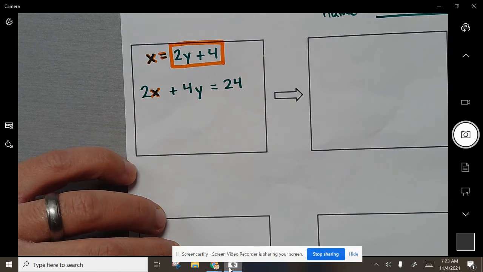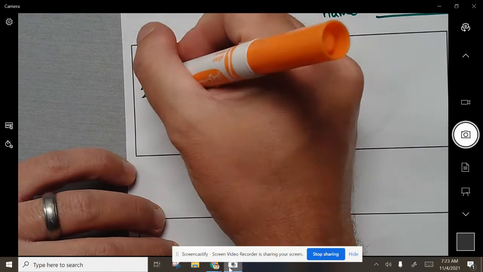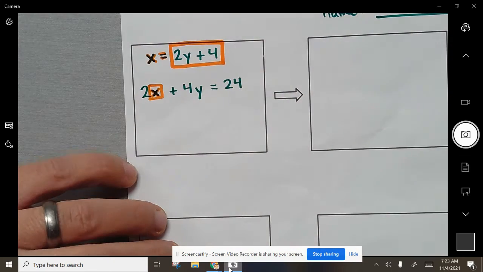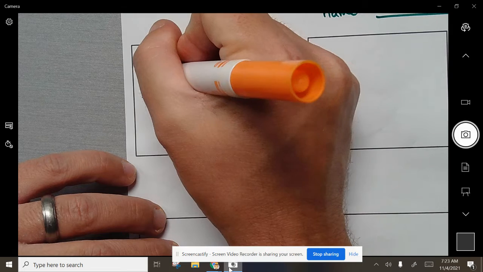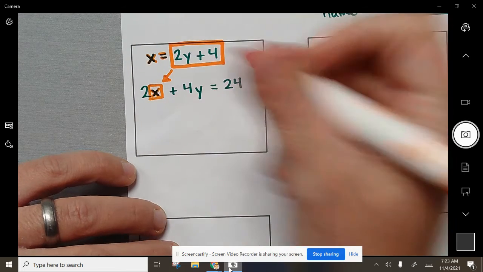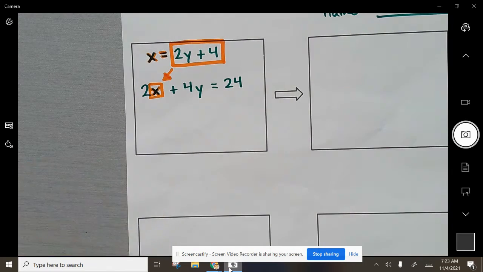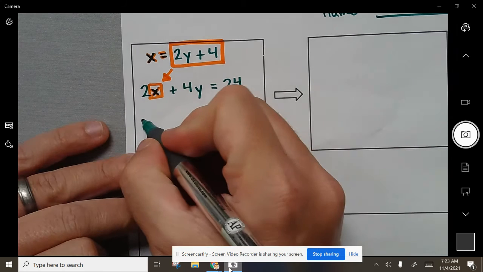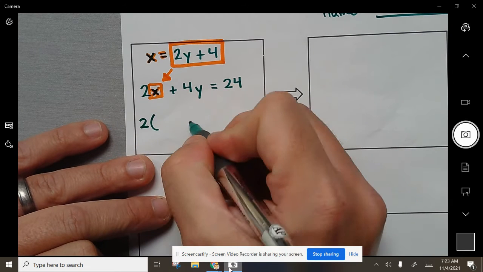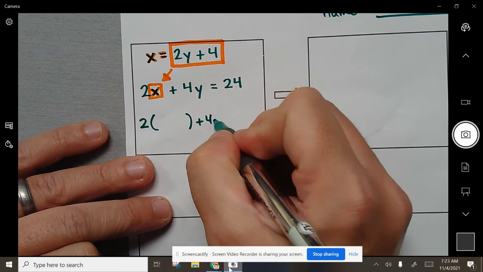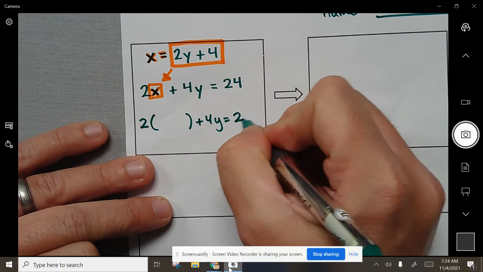Wherever you can find the x, that's where the piece is going to go. Feel free, whatever visual helps you, you're going to plug that in. You're going to erase x and plug in that piece of the puzzle. Okay? So when I do that, I'm going to write 2 parentheses plus 4y equals 24.